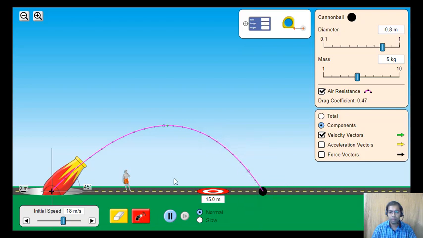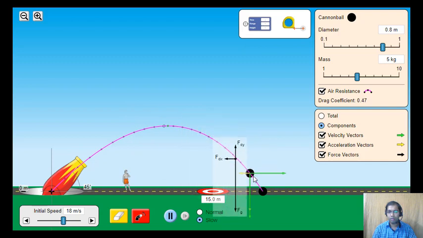You can see that the horizontal velocity is quite a lot. The vertical velocity decreases, but the horizontal velocity increases. Now in this case, let's look at acceleration. Along the x-axis there is a change, but along the y-axis there is no change, because the acceleration is due to gravity.